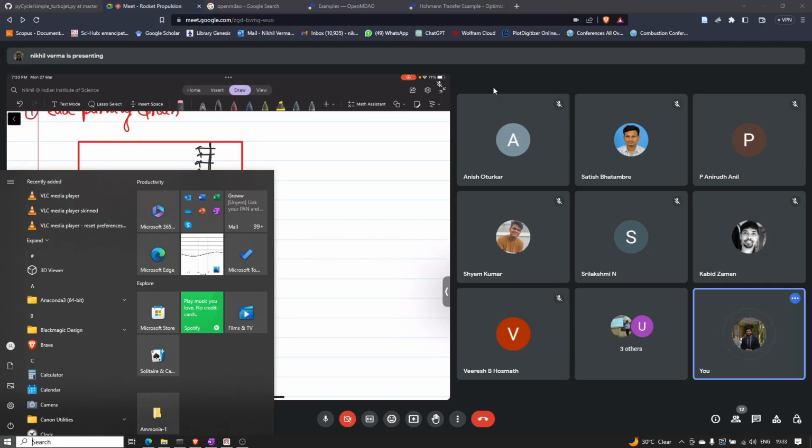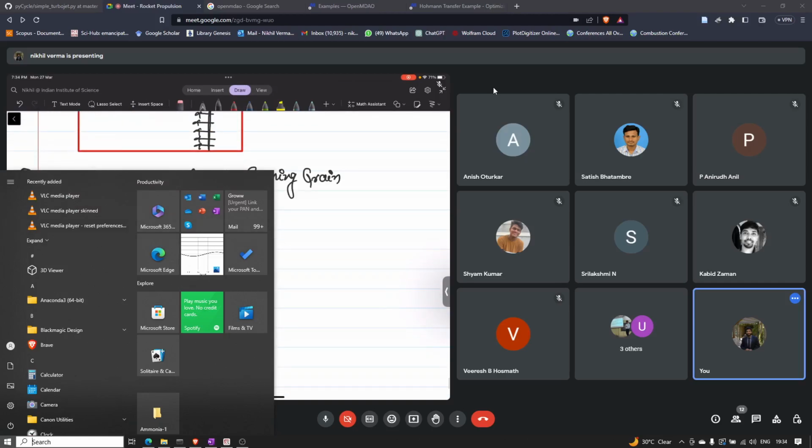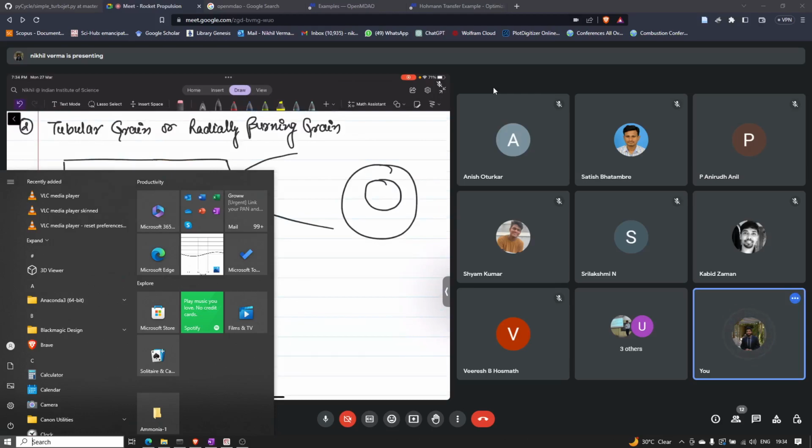In radially burning grain you have a structure something like this, and this is radially propagating outward.